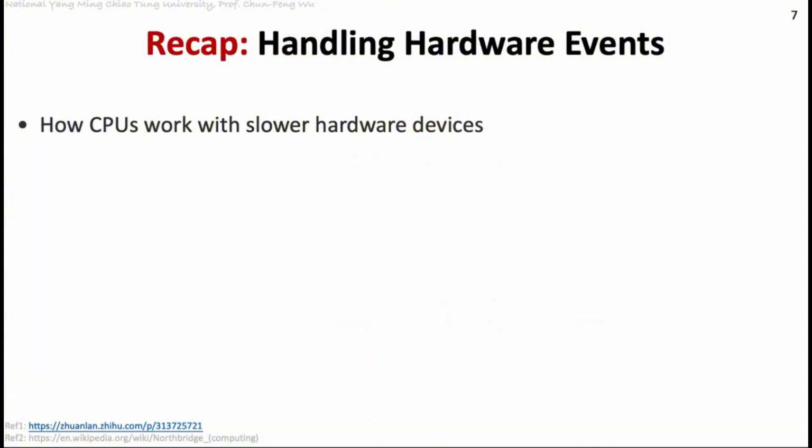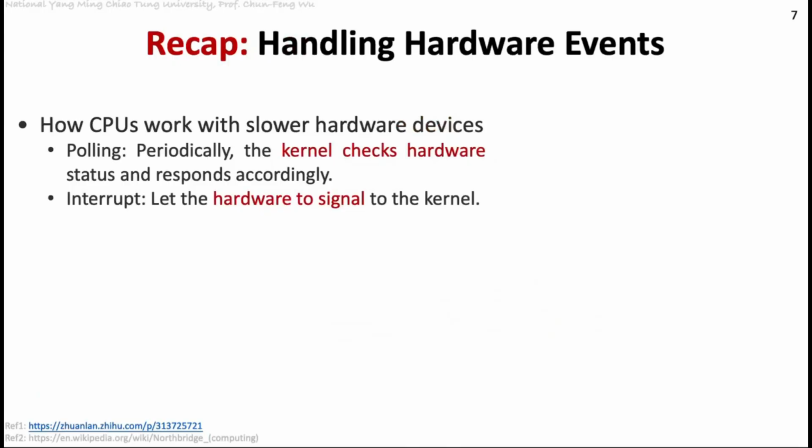We also talked about hardware events, since that was software. There are two hardware events for the CPU to work with the hardware device: one is called polling and another is interrupt. Polling means the kernel checks hardware status periodically. For example, every 1 millisecond, the kernel stops everything to check whether the IO is finished.